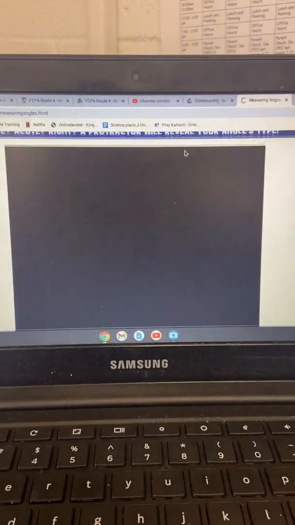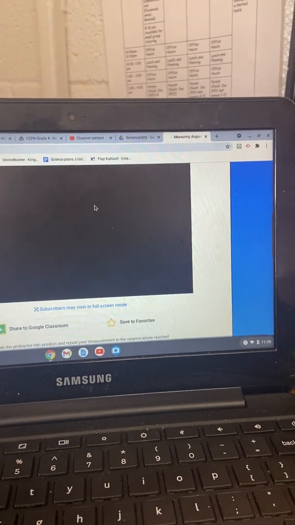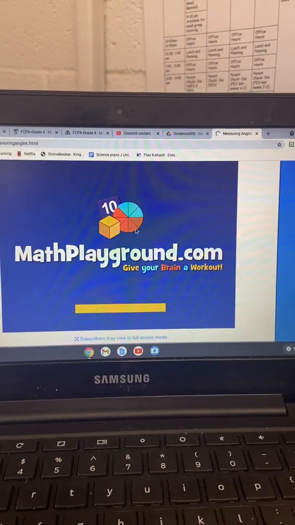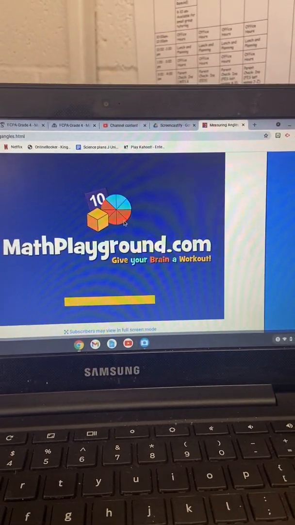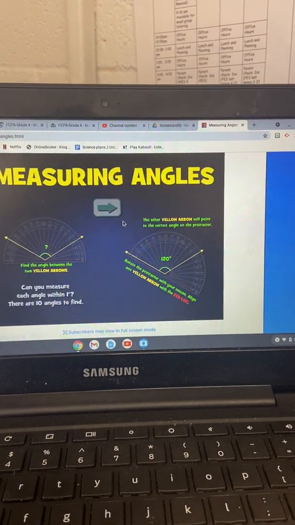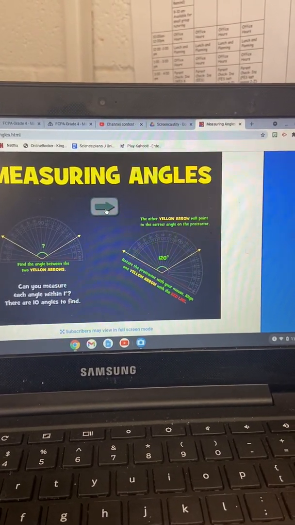And here's the game. So when you start playing the game, it's loading. I'm going to start playing it.